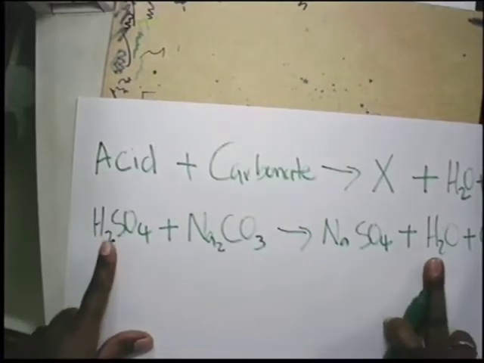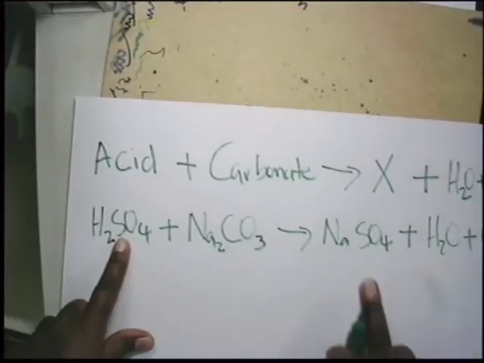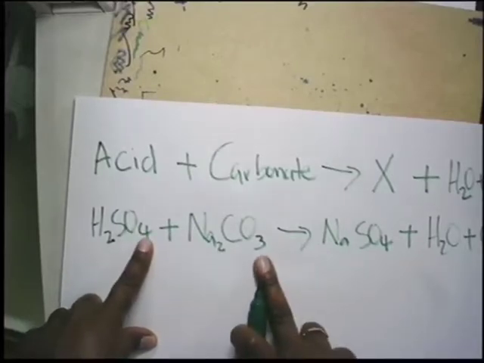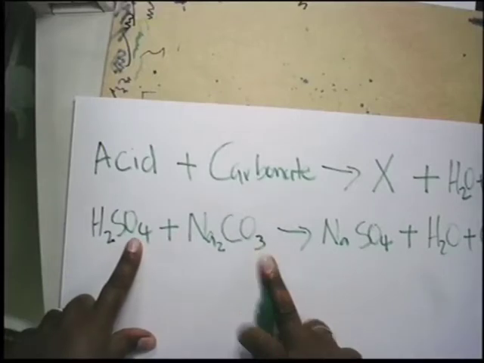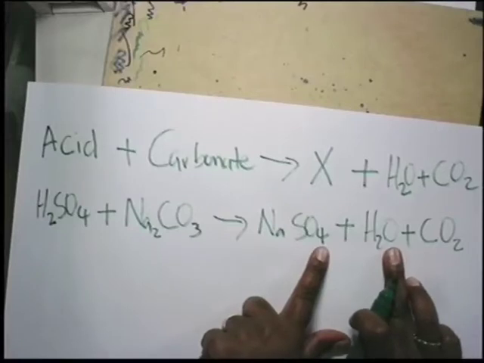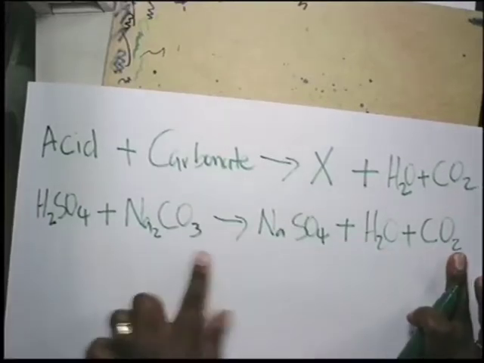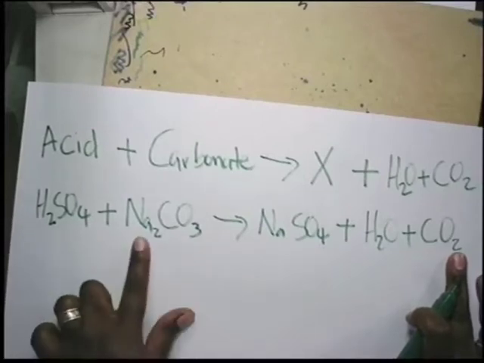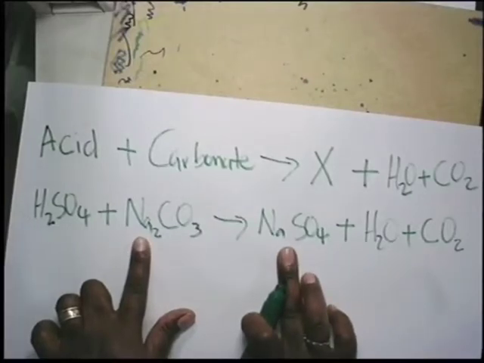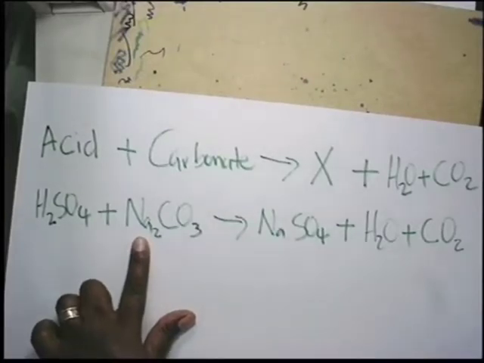Here we have 2 atoms of hydrogen and 2 atoms of hydrogen. We have 1 atom of sulfur and 1 atom of sulfur. 4 atoms of oxygen plus these 3 is 7 atoms of oxygen on this side. Here we have 4 plus this one is 5, 6, 7. The atoms of oxygen are also balanced. Then we have 2 atoms of sodium, and there is only 1 atom of sodium on the other side, so we need to have 2 atoms of sodium.